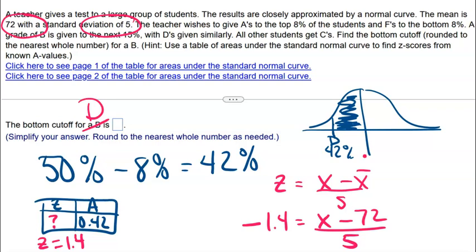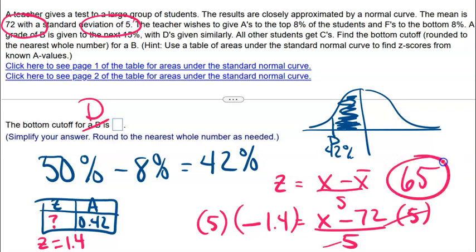I apologize if I confused you. I think I confused myself there for a second. I need to multiply both sides by 5, remember, because I'm trying to get that to cancel. So I have negative 1.4 times 5, and then I'm going to add 72, right? So negative 1.4 times 5 is negative 7, plus 72 gives me 65.